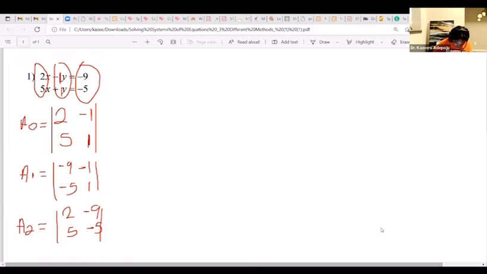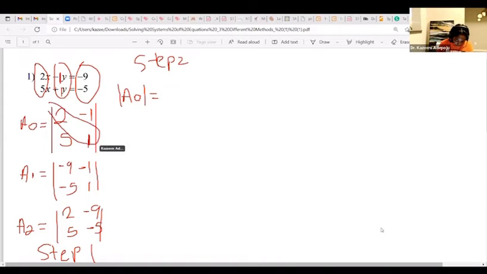You can call this step 1. And now I'm going to get step 2. Give me a second while I pull up step 2. For step 2, you actually have to cross multiply on every single bracket you just made. So we write our A0, and we put our little determinants, and then equals, and we cross multiply over here and another cross multiply over here.